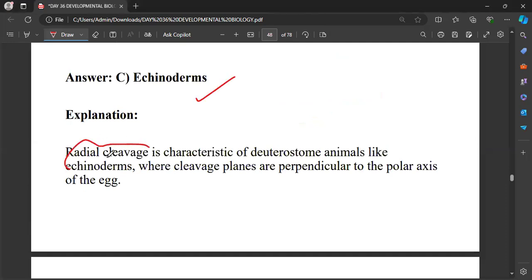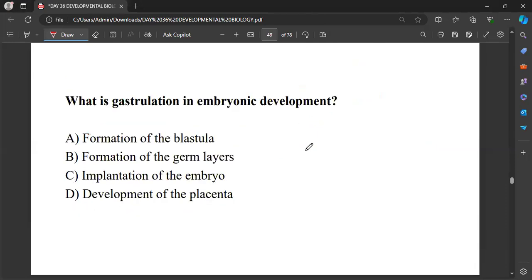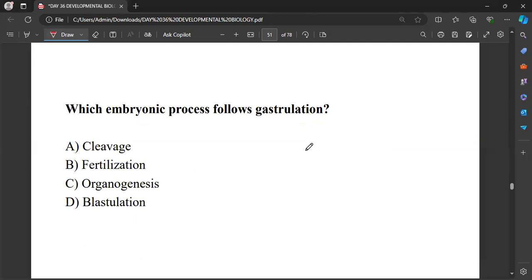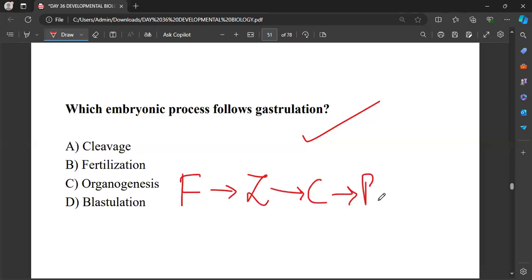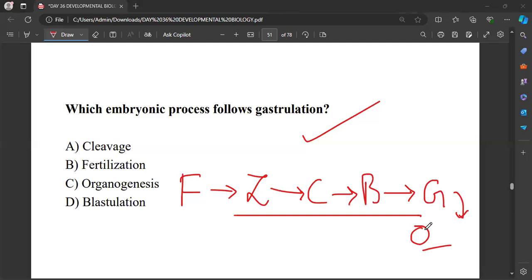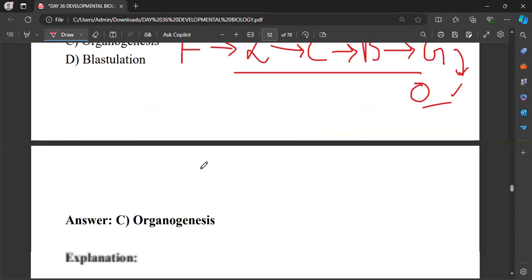You should know that radial cleavage is a characteristic phenomenon of the echinoderms. Do you know what gastrulation is? It is the formation of three germinal layers. Which embryonic process follows gastrulation? So this is the order, right? Fertilization, zygote, followed by cleavage, followed by blastula, gastrula, and organogenesis. You should not forget all these things.